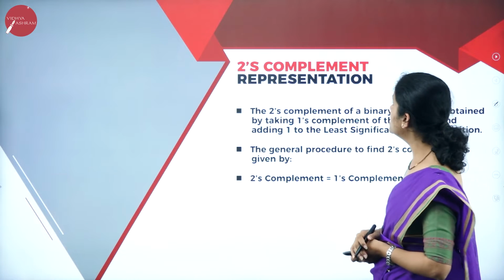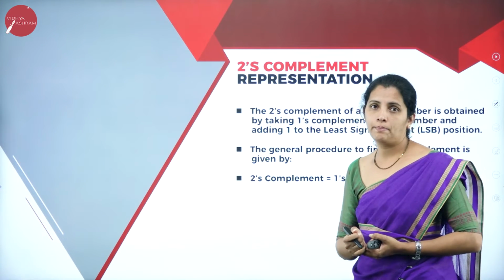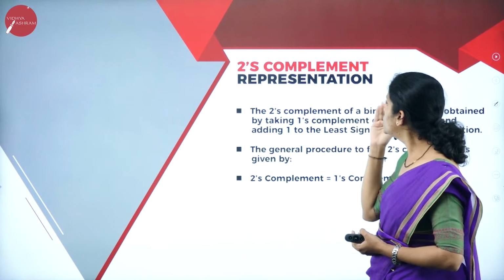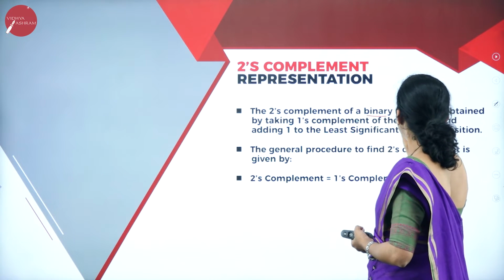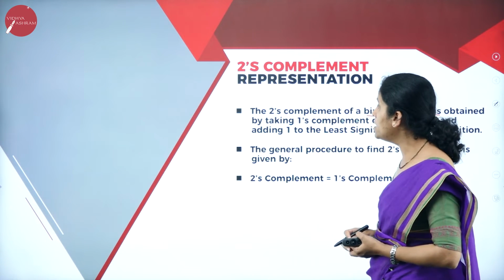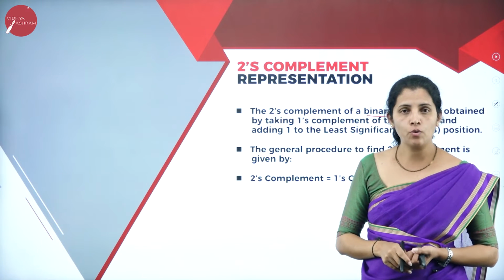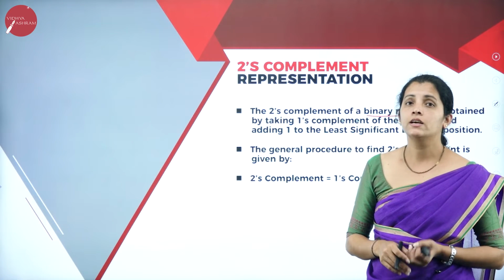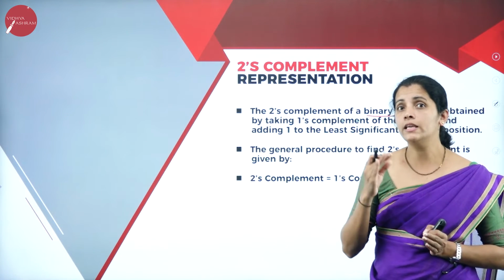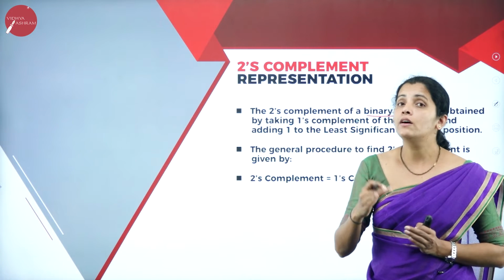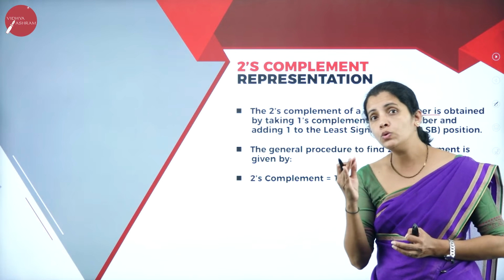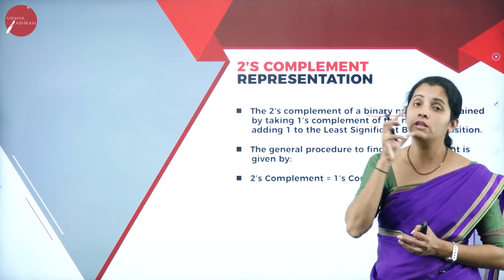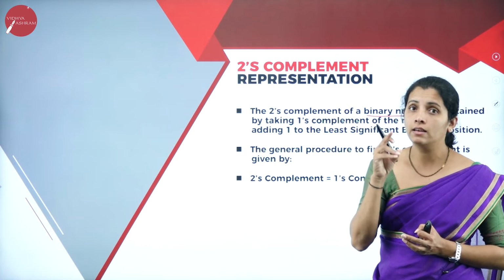Now, I am having 2's complement representation. The 2's complement representation of a binary number is obtained by taking ones complement. That means if I want to represent the binary number in the form of 2's complement, first I want to take the ones complement of that number.